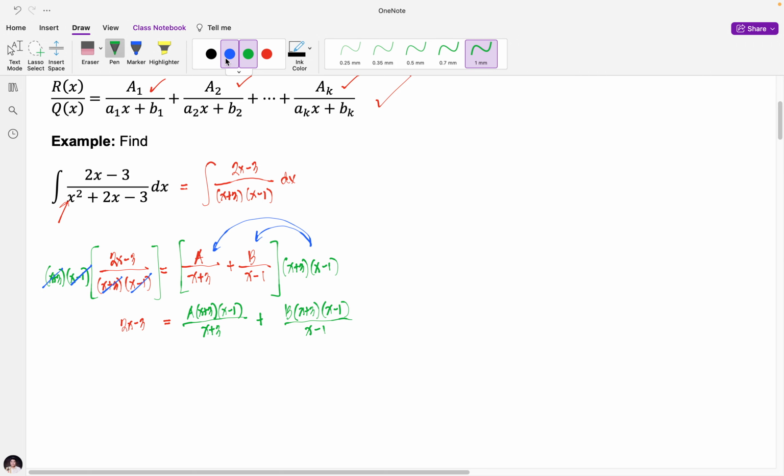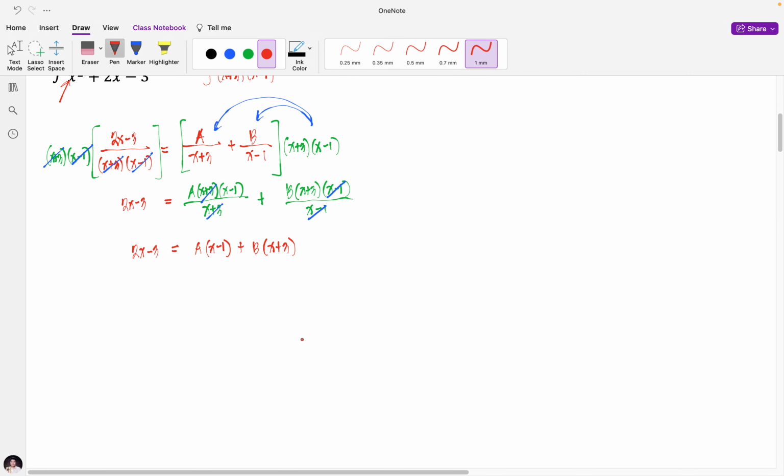From that, x plus 3 and x minus 1 are eliminated, so we now have 2x minus 3 equal to A times x minus 1 plus B times x plus 3.